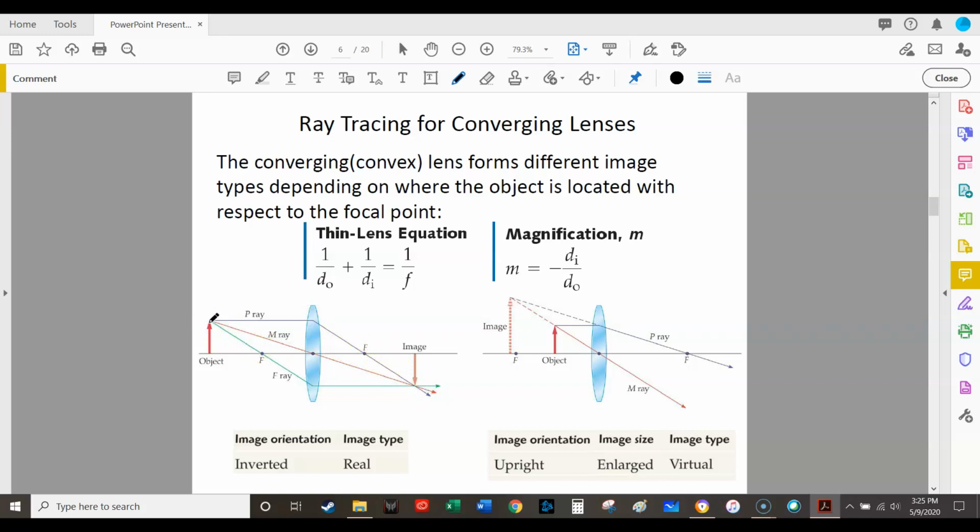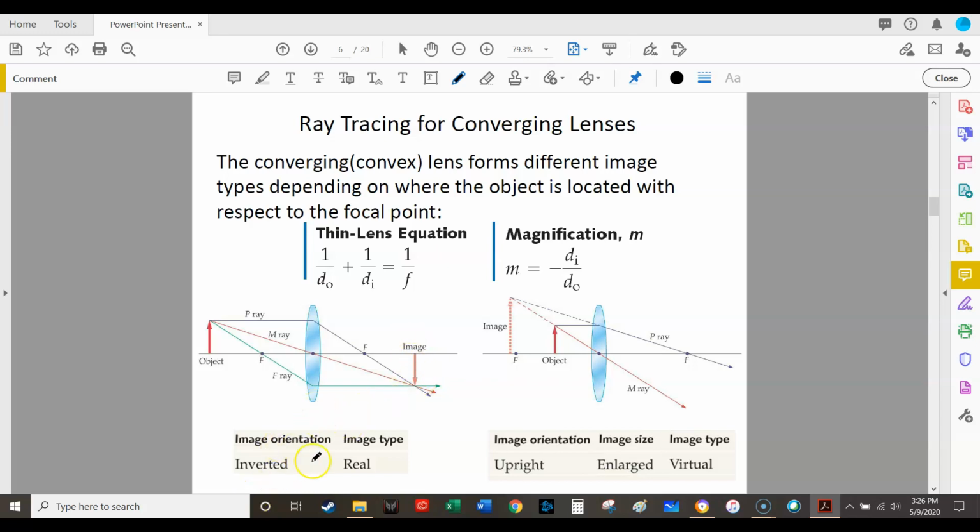Then we drew the focal point ray, or the F ray, and it goes down through the focal point and then straight across. And then finally we drew the center of the lens ray, which just went straight through the center of the lens and kept on going in a straight line. Where all of those converge is where the image is going to form.